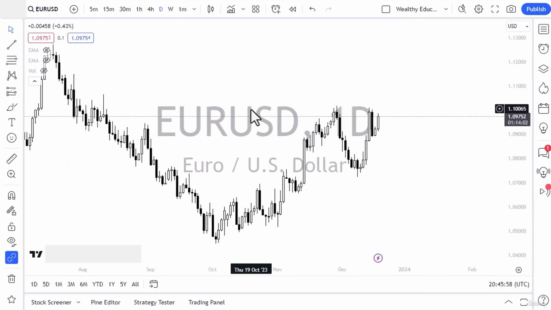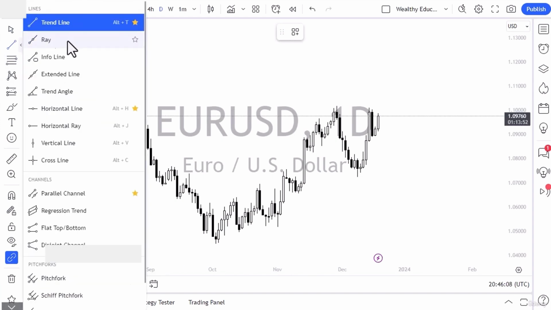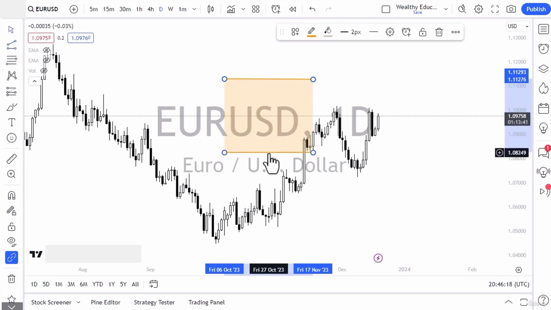The left-hand sidebar has most of your markups. So, for example, and we'll talk about this a little later, you can click on this little sub-menu and you can add a flat top, flat bottom.